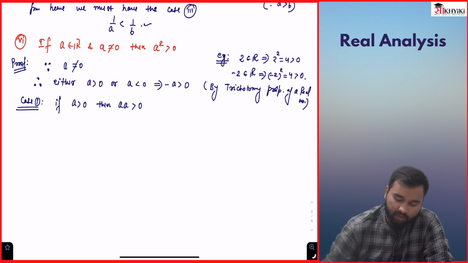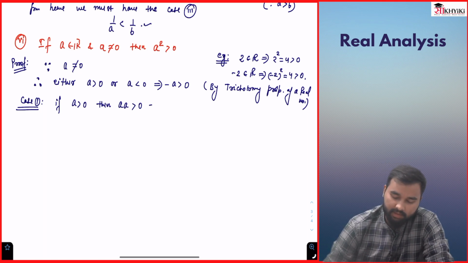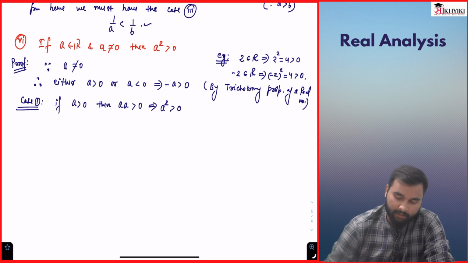On the LHS we have A square and on the RHS we have 0, right? And the inequality doesn't reverse because in this case A is a positive real number. From here, A square must be a positive real number.